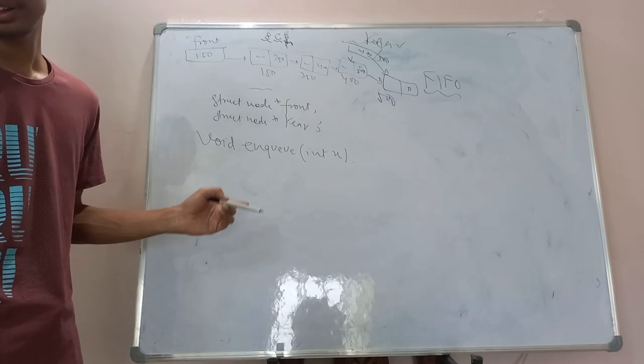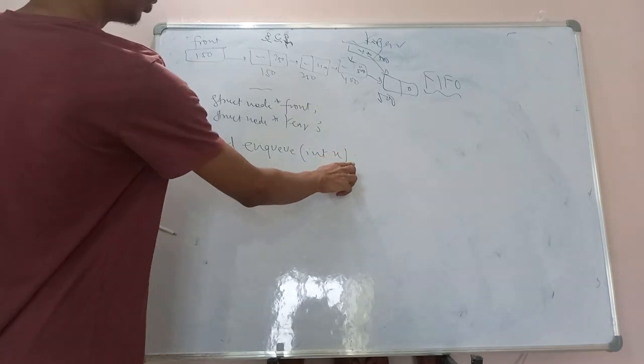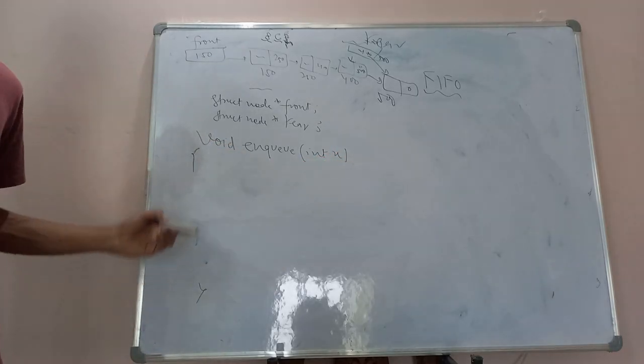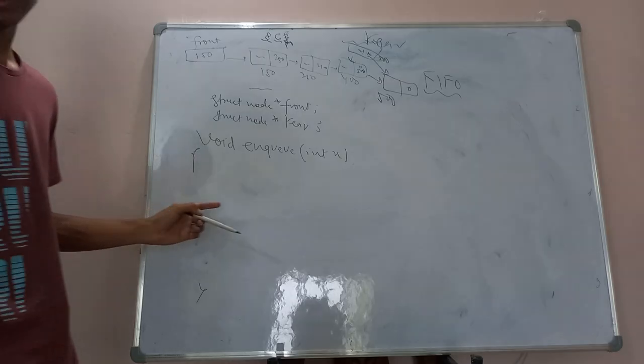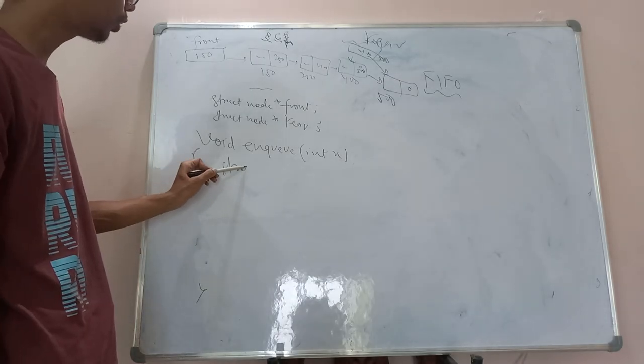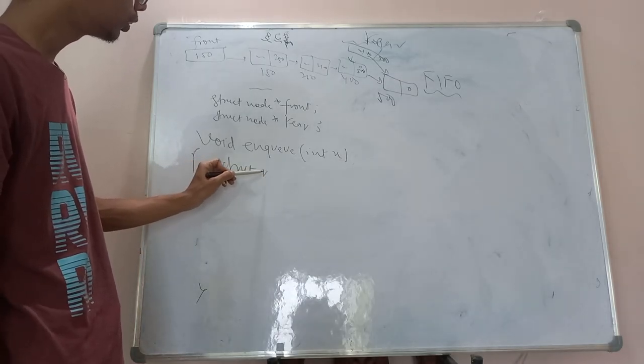Void enqueue int x, right? I am removing this. So here I will first declare a pointer which will store the address of my newly created node.